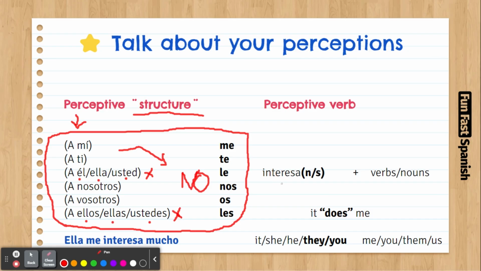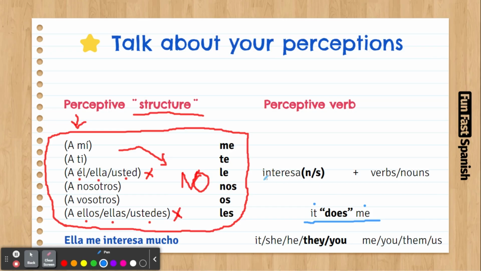It could be gusta, encanta, interesa, molesta, hace, da. But what does it mean? This verb has a main meaning of "it does me." It's the perception you have, what something does for you.